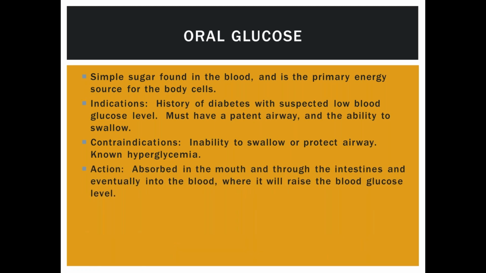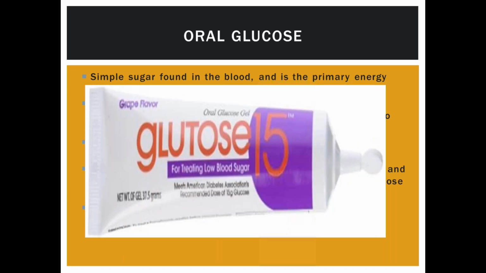The mechanism of action for oral glucose is that it's going to be absorbed in the mouth, through the intestines, and then eventually that simple sugar is going to get into the bloodstream, and there it is actually going to raise that blood glucose level. Our dose for 1 tube of oral glucose is going to be 15 grams of sugar or 1 tube.